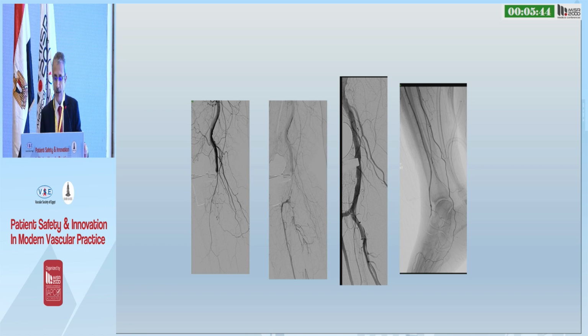This case was, again, intraluminally recanalized, and because I got suboptimal results from the angioplasty in the popliteal, I put a stent with good results.